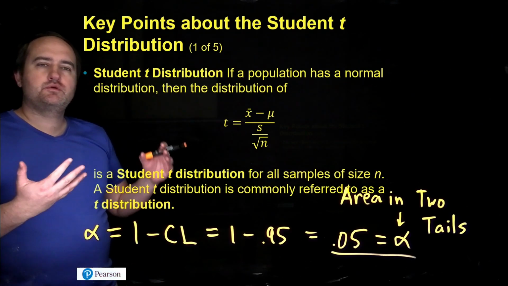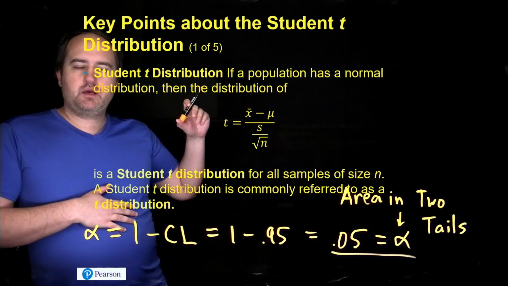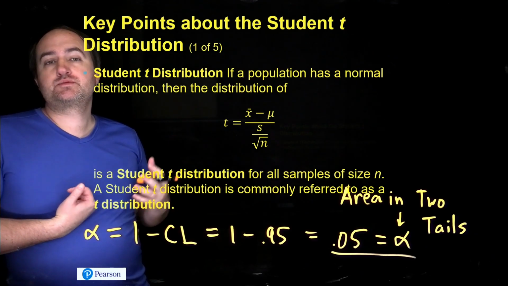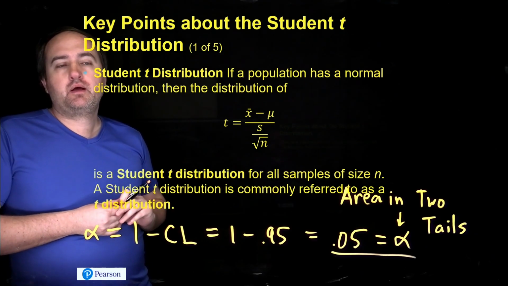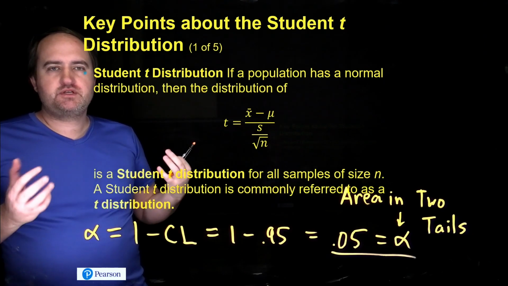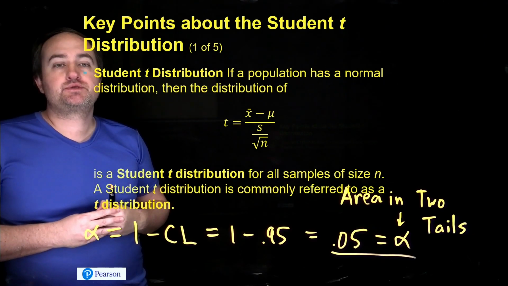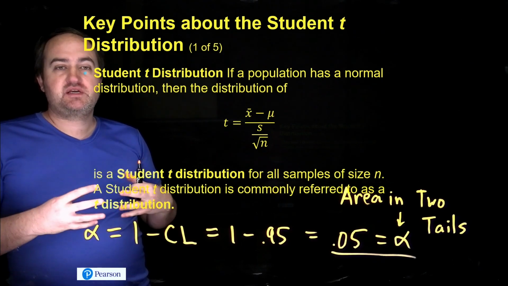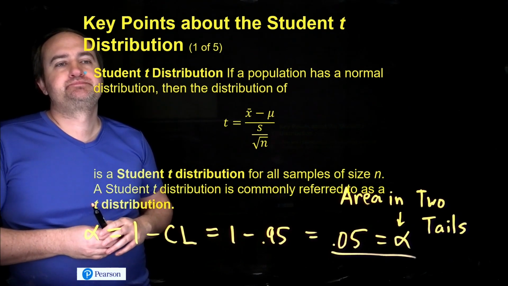The student t distribution is what we have to use because we don't know sigma. It was invented a long time ago to deal with small sample sizes where we don't know sigma for the whole population.